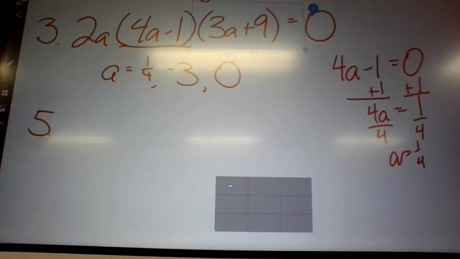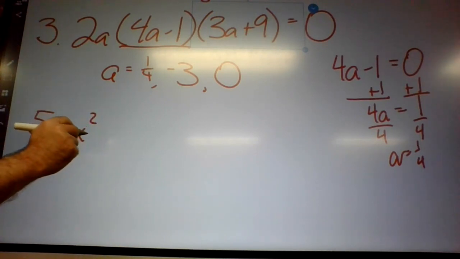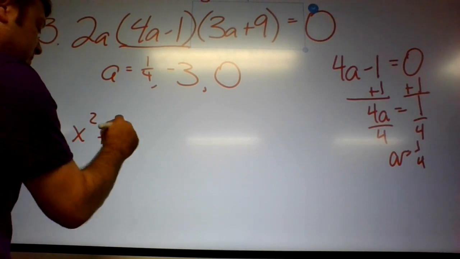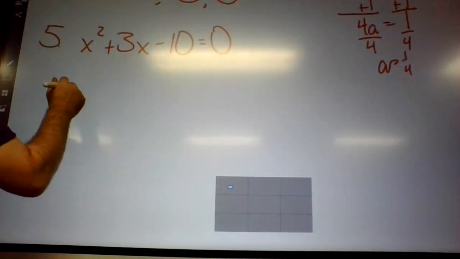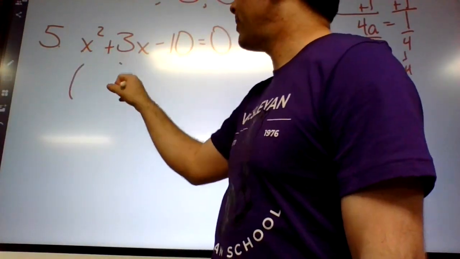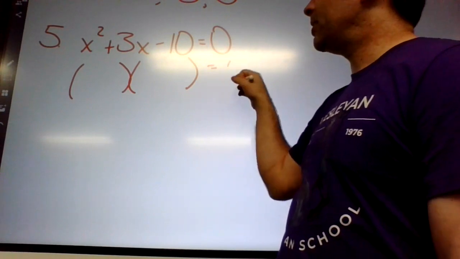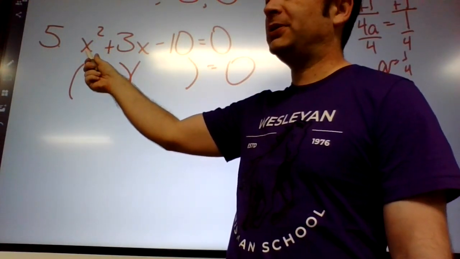Number 5. Okay, on 5 it says solve by factoring. They did not factor it for us like they did on number 1, so we got to do it ourselves. All right. Lauren, do you remember how this one worked? So what goes into x squared?